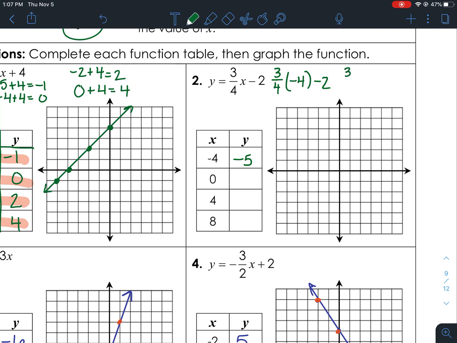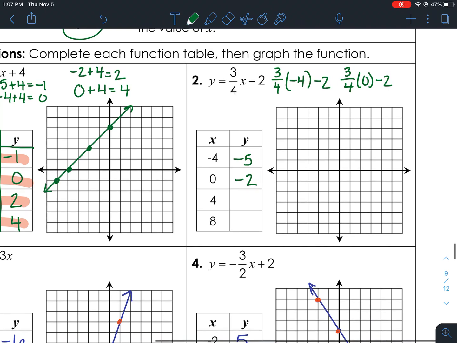I'm going to do the same thing with 0. 3 over 4 times 0 minus 2. That's just -2. I'm running out of room here, so I'm going to just type the rest of these in. When I plug in 4 again in for x, I will get a 1. And when I plug 8 in for x, I will get a 4.